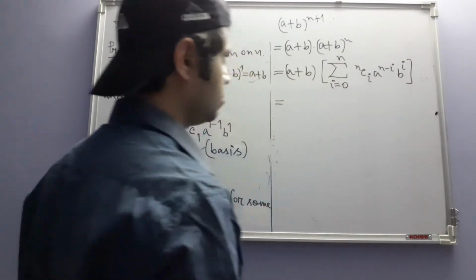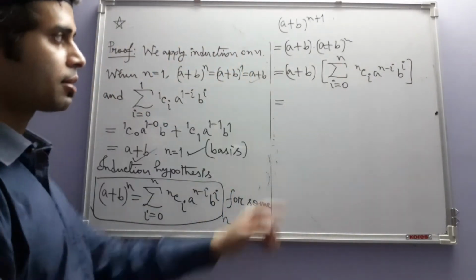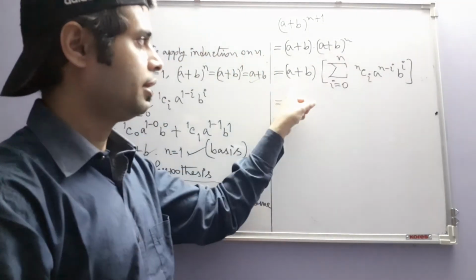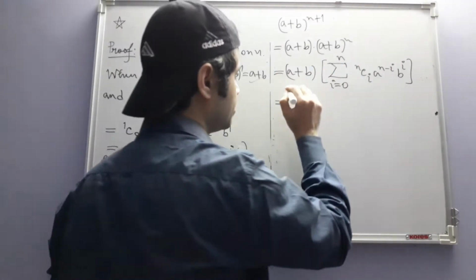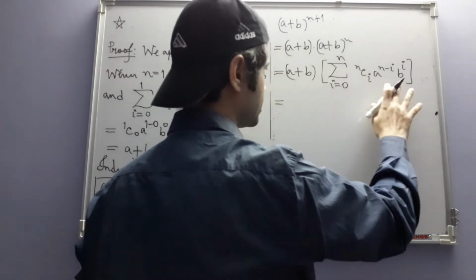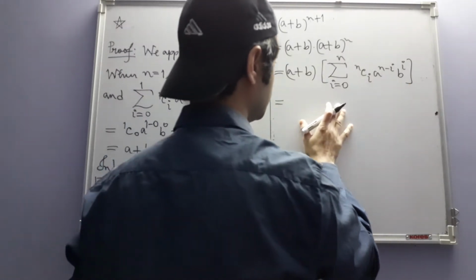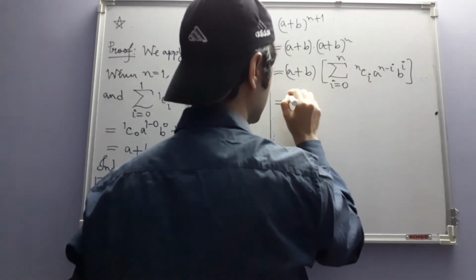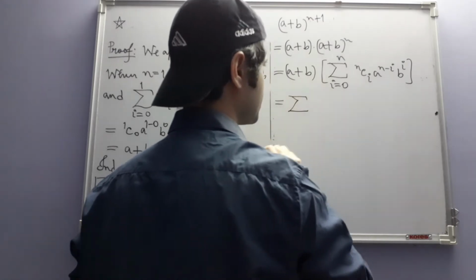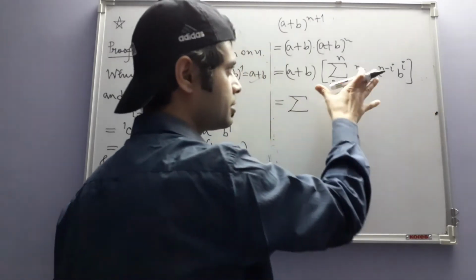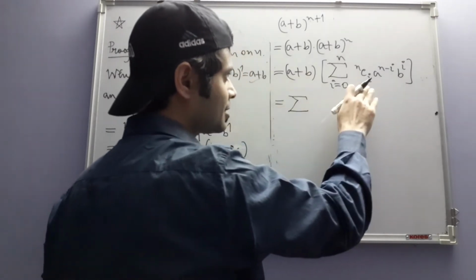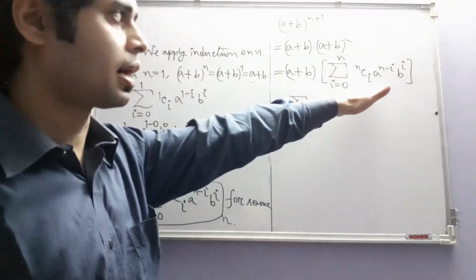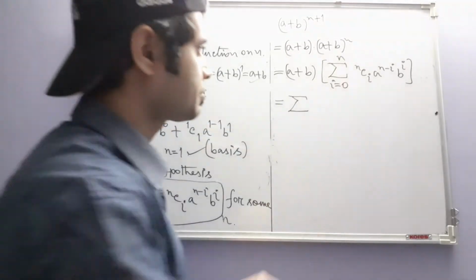Now what I do, I first multiply this sum by a, then plus by b, same usual technique. Using the distributive law that is available in the real number system, I write this as summation. This itself is a sum. So if I am multiplying this sum by a, every term will be multiplied by a.